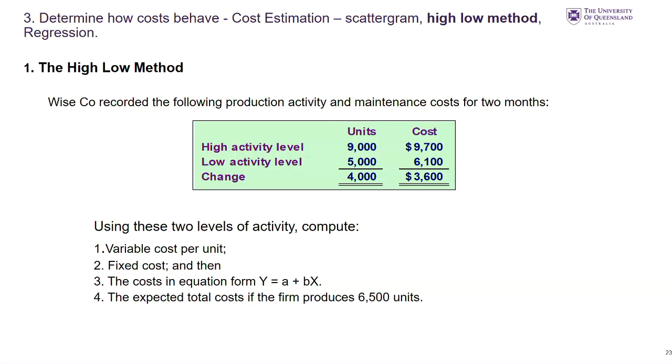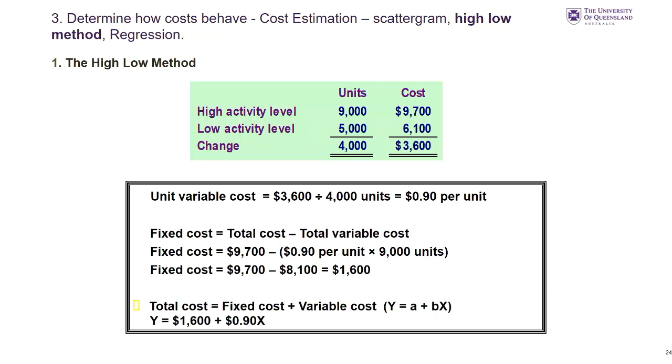So this question is just asking us to work out the variable cost per unit, the fixed cost, then work out what the equation is, and then you can actually estimate how much it should have cost you to produce 6,500 units. Okay, so the unit variable costs, the B, as I said, we divide the 3,600 by the 4,000 units, so we know B is 90 cents per unit.